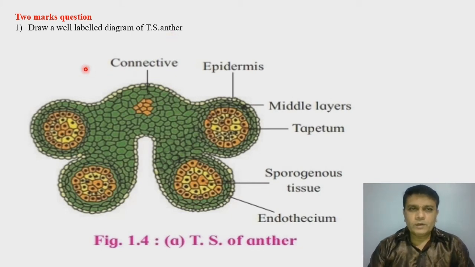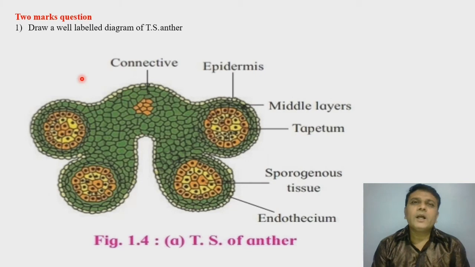So you will have to draw a neat labeled diagram of TS of anther as well as label it correctly. There are total 2 marks, and these 2 marks are distributed for 4 labels.